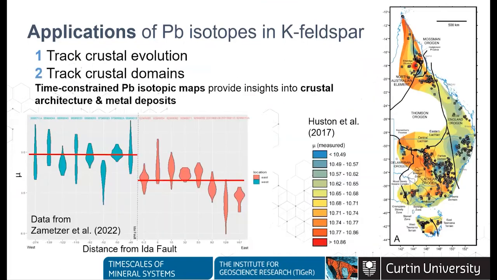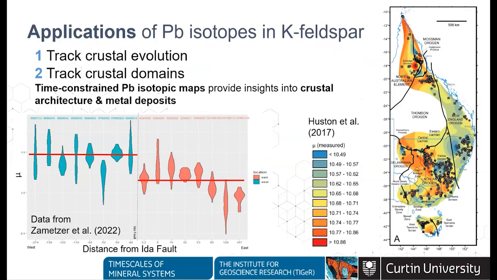So moving on to crustal architecture. I think I already mentioned that time-resolved isotopic maps can give us information on crustal domains and also the occurrence of metal deposits. These are two examples here.